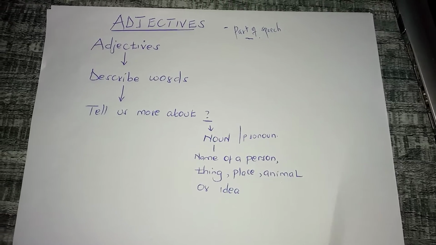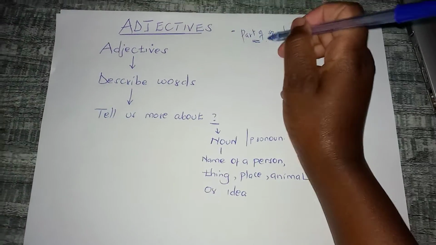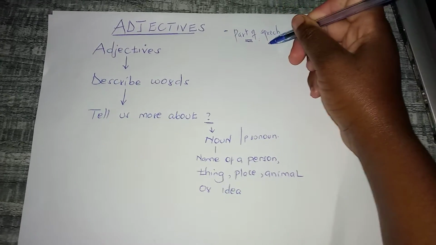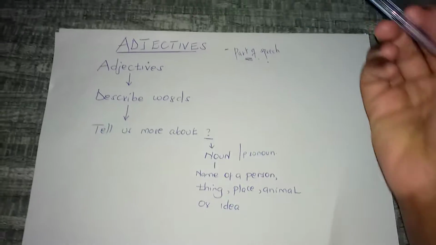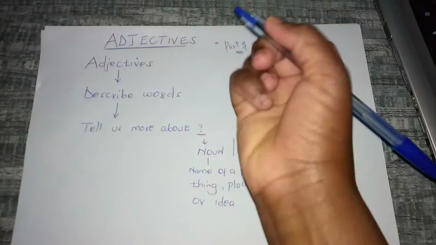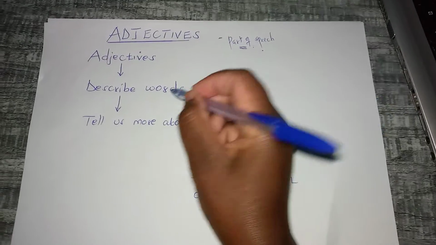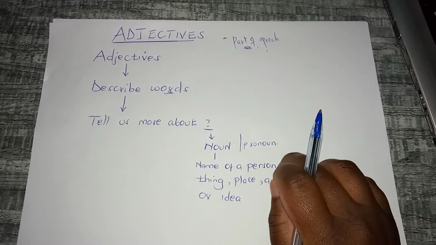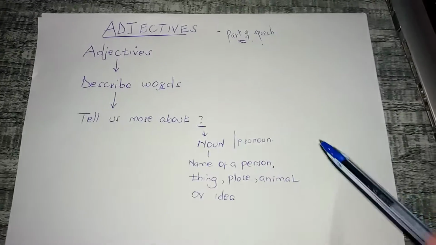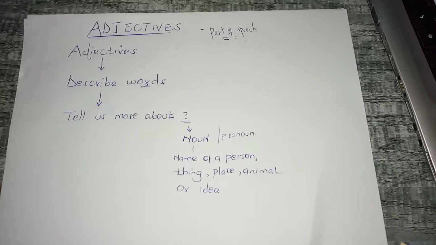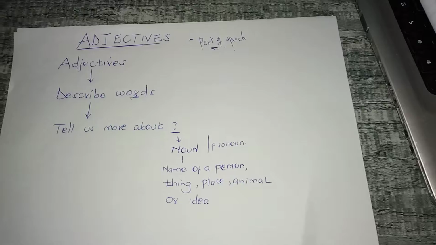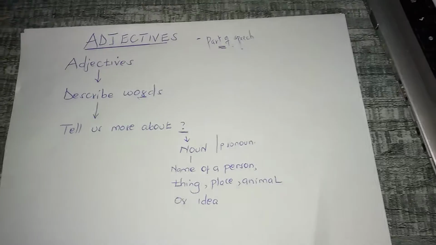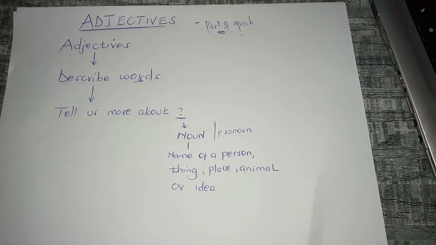Adjective is one of the 8 parts of speech. So what are they? Adjectives are used to describe words. They tell us more about something, for example, a noun or a pronoun.